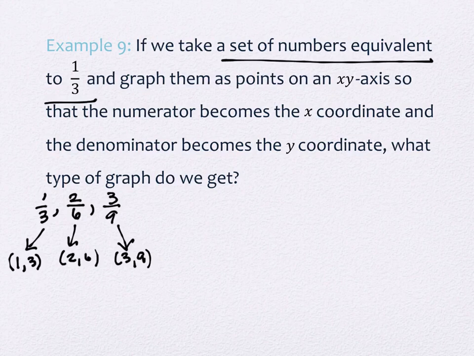So what I'm going to do is switch to the next screen because I have a grid. And we're going to plot them. You can plot yours on your paper along with me. I'm going to plot mine here. We had (1, 3), we have (2, 6), and (3, 9).